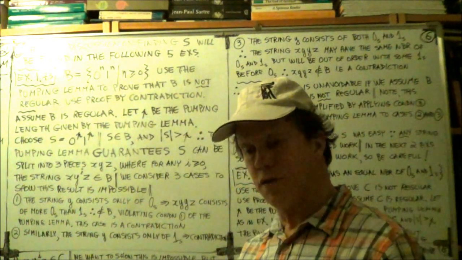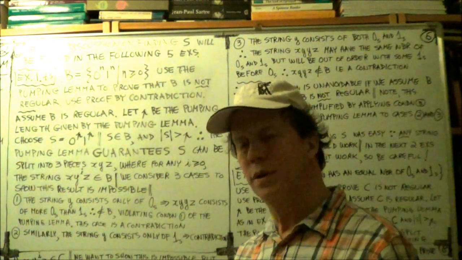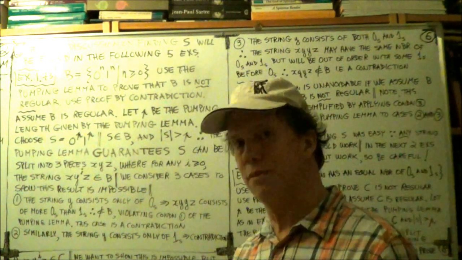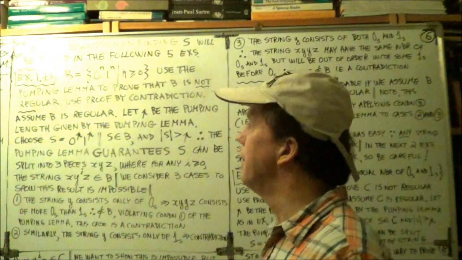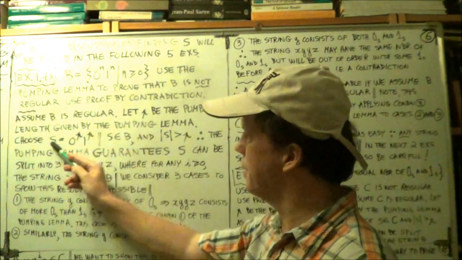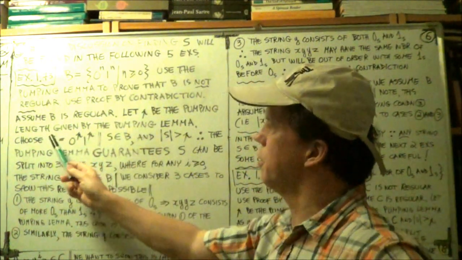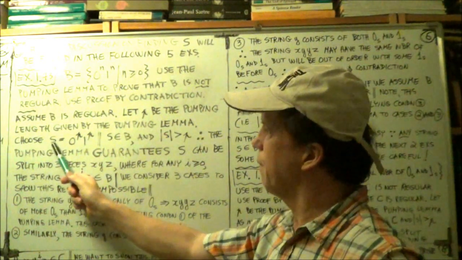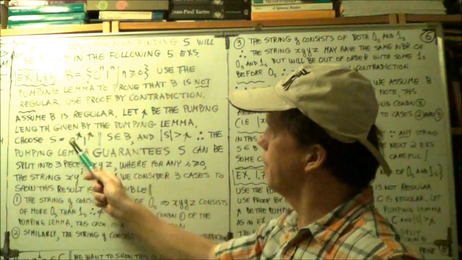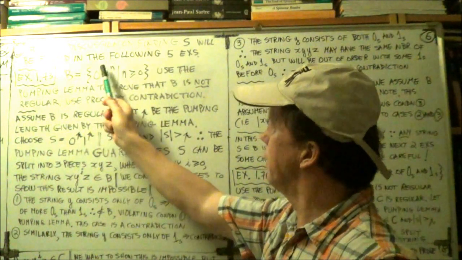Choosing a string that would do that for you may not be easy. It may be quite non-trivial. So here's an assumption being made. We're making a choice of the string. Now let's choose the string.